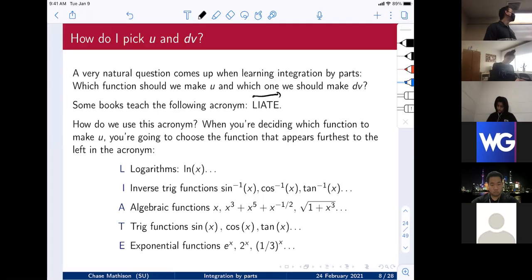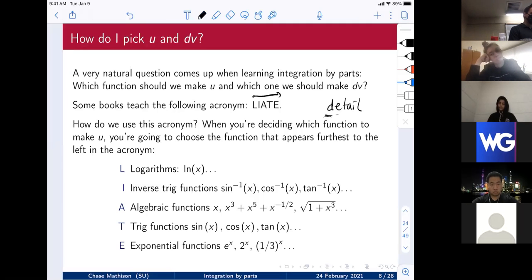Other books use the acronym DETAIL. And this is just LIATE backwards with a D in front of it. So DETAIL tells you not what you should make u, but what you should make dv, right?